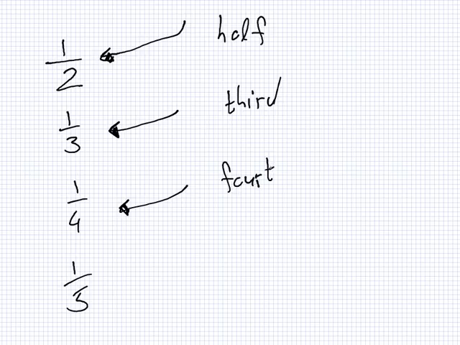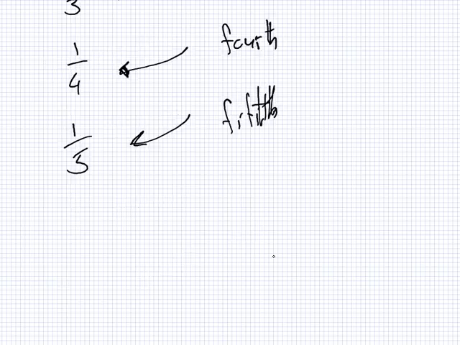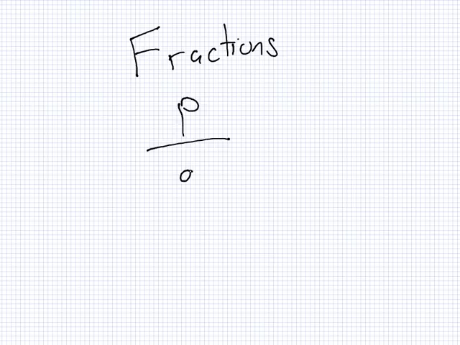How did I know this? They're smart. Okay, this one? Fifth. And so on. Sorry, my handwriting's bad. Anyways, these are all called fractions, when you have something like this over this.